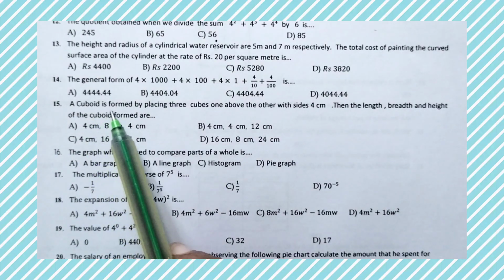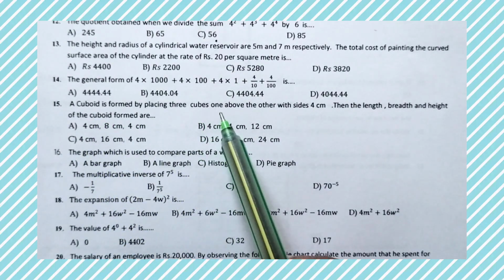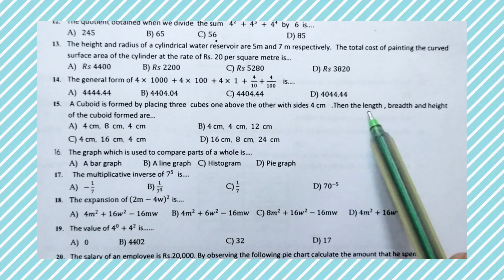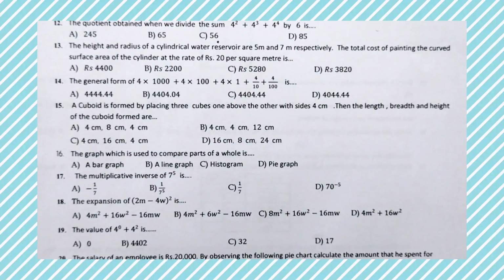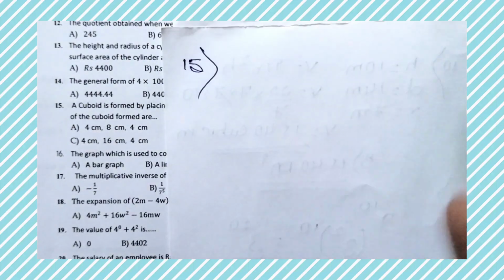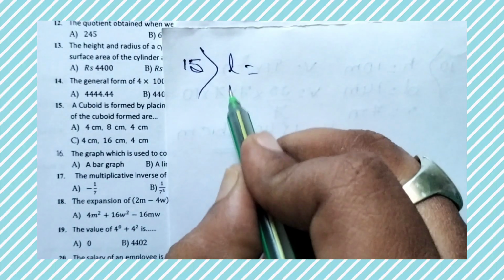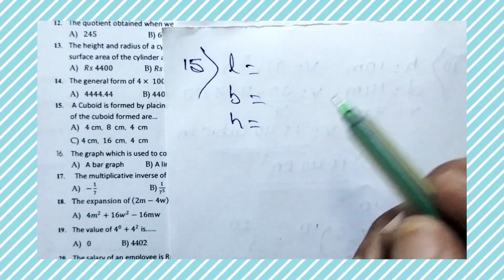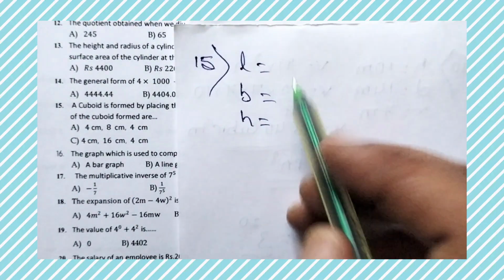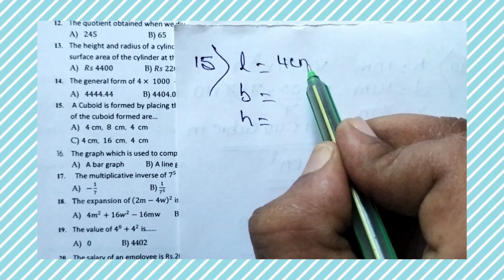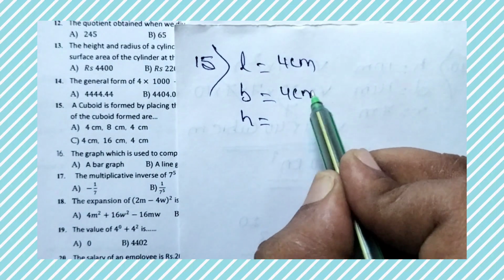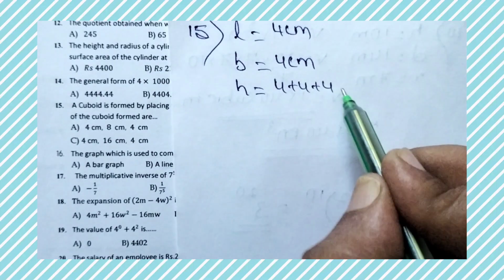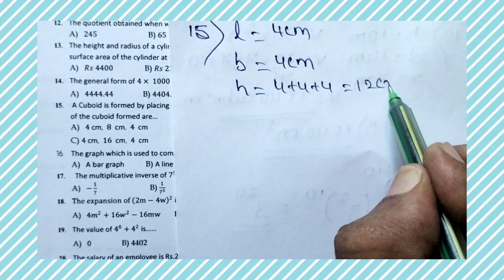A cuboid is formed by placing 3 cubes one above the other with the side 4 cm. Then the length, breadth and the height of the cuboid formed is what he asks. When the cube is kept one above the other, the length remains the same, the breadth remains the same, but the height becomes 4 plus 4 plus 4, which is equal to 12 centimeter.